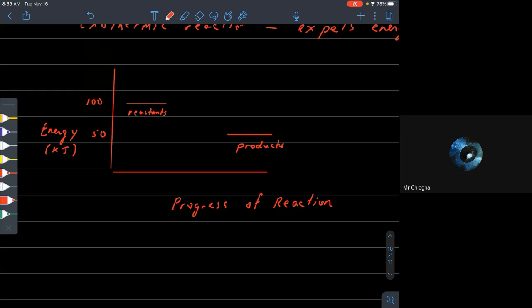So this difference, you dropped. Total of what? 100 minus 50, which is 50 kilojoules. That's how much energy was expelled.